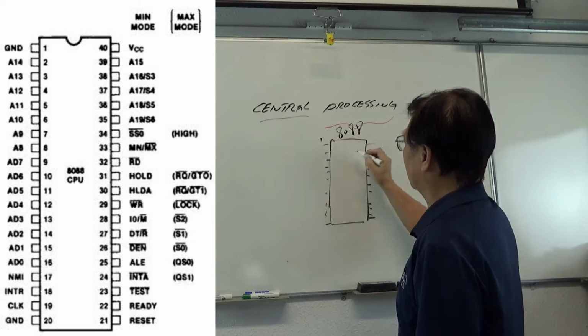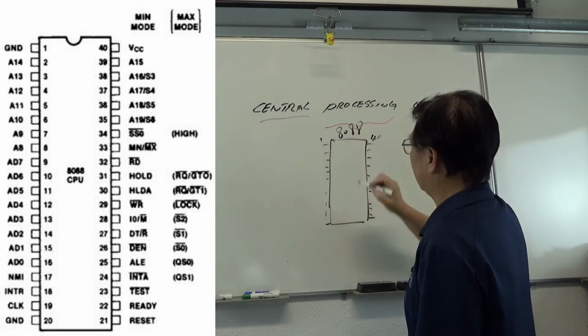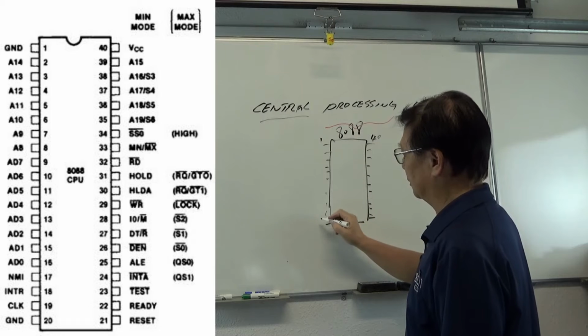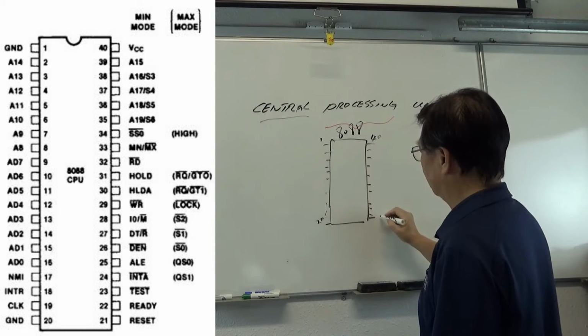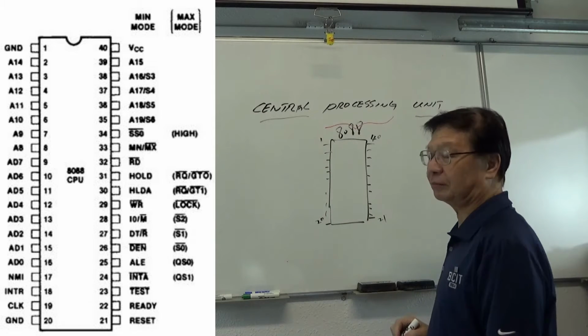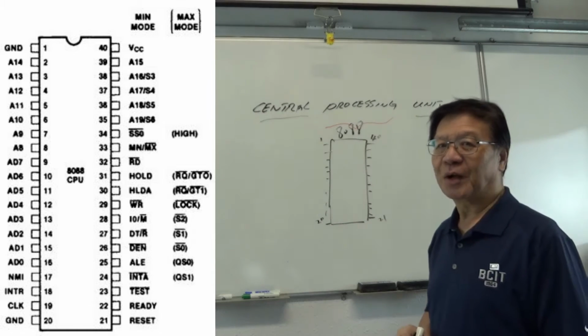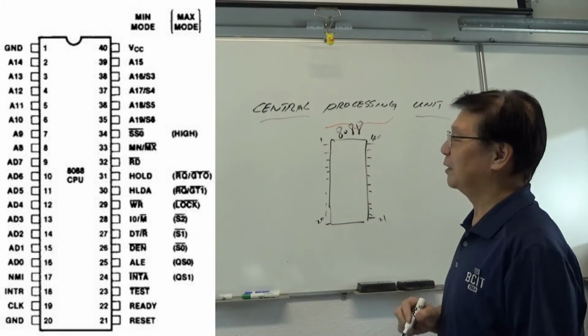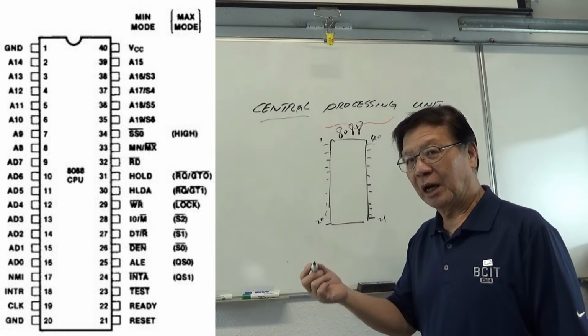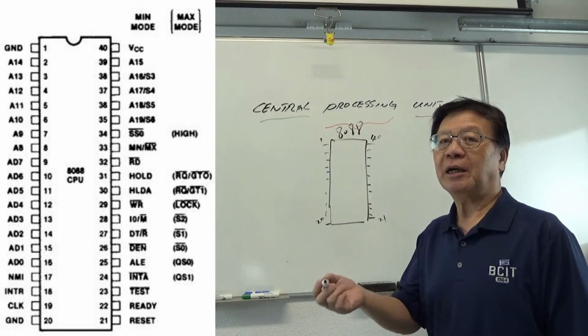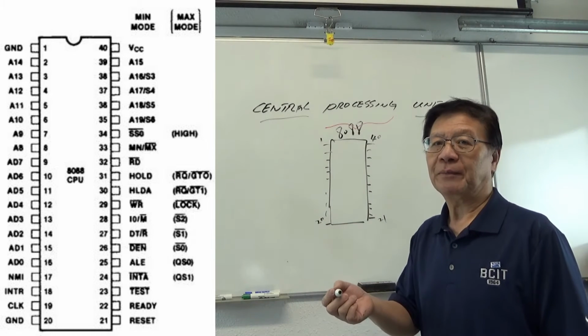That's a 1. That's a 40. All the way down to 20. And here's from 21. So all those pins will have to be assigned to something.